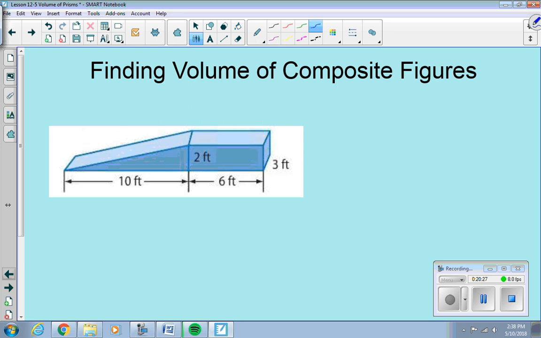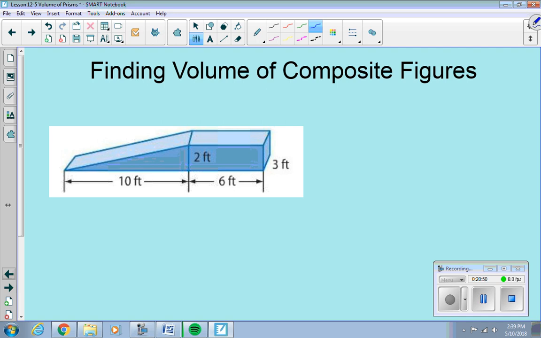Okay, before we complain, you can do it yourselves, but what two things do you see in it? There's a triangular prism and there's a rectangular prism. Start with the rectangular because that can be the most simple one. Okay?